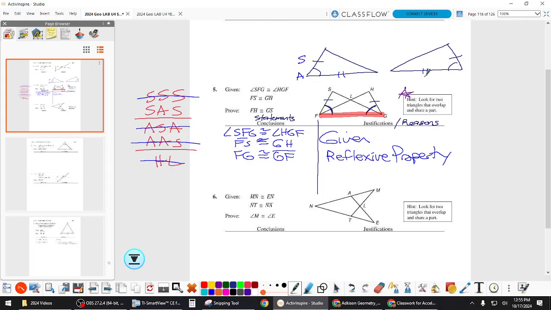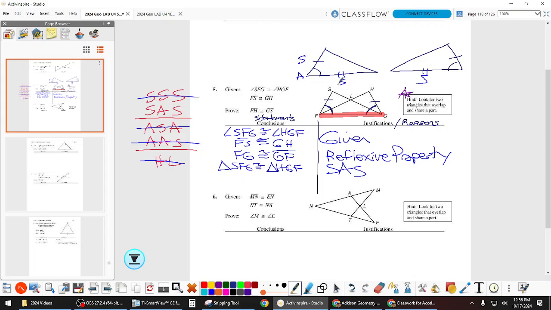Okay, now we have that marked, and so we can prove the triangles are congruent. Why? What's the reason? Why are the triangles congruent, I mean?